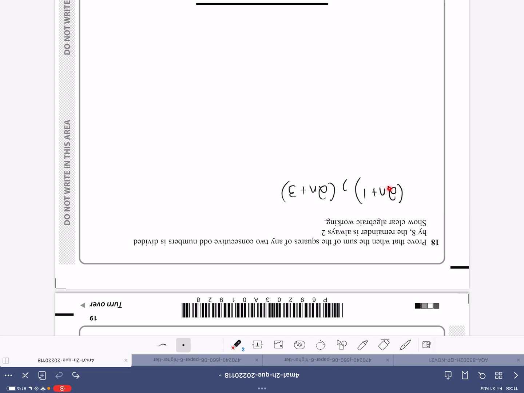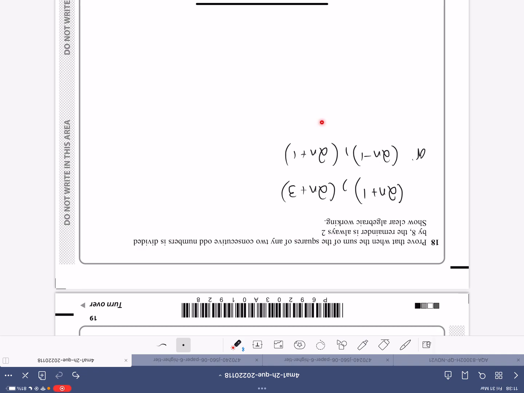Or we can have 2n minus 1 and 2n plus 1, because 2n is an even number, so one either side here is odd. Or you can say 2n is an even number, so 2n plus 1 is odd, and then add 3 gets the next odd.